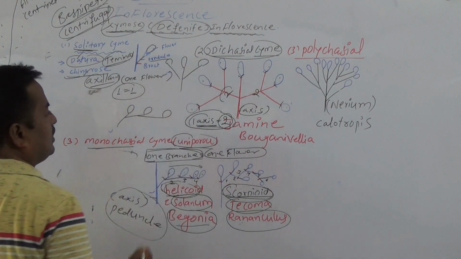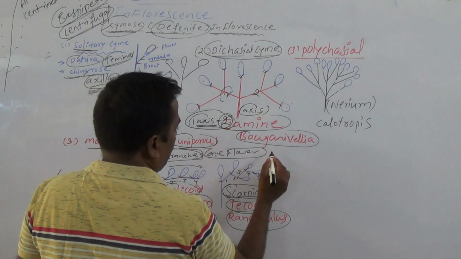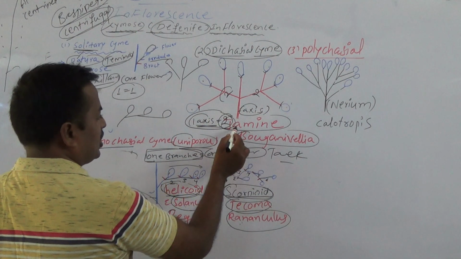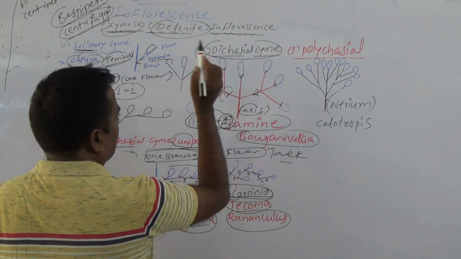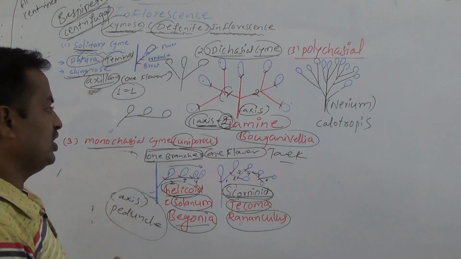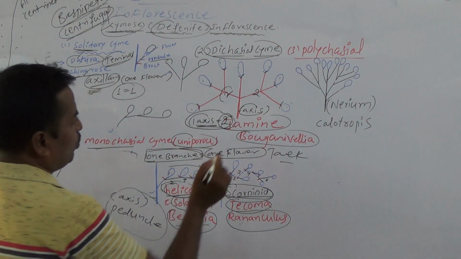That is called dichasial cyme, reported in jasmine, bougainvillea and also teak. Are you clear? Jasmine, bougainvillea, best examples of dichasial cyme. Every time two branches are found. In jasmine, every branch has only three flowers.